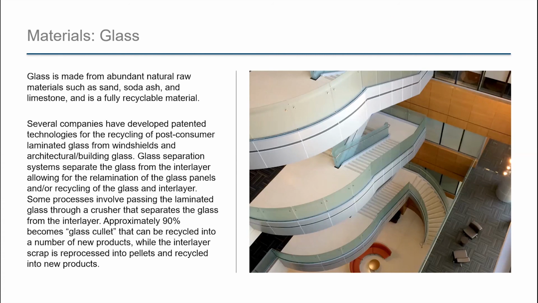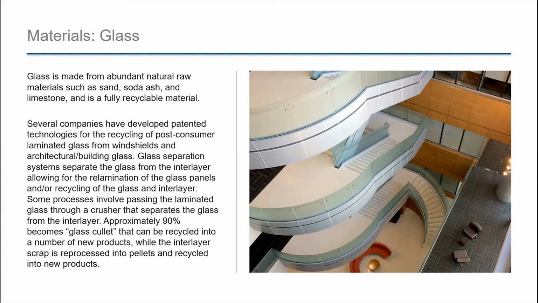Several companies have developed patented technologies for the recycling of post-consumer laminated glass from windshields and architectural building glass. Glass separation systems separate the glass from the inner layer, allowing for the relamination of glass panels and/or recycling of the glass and inner layer.